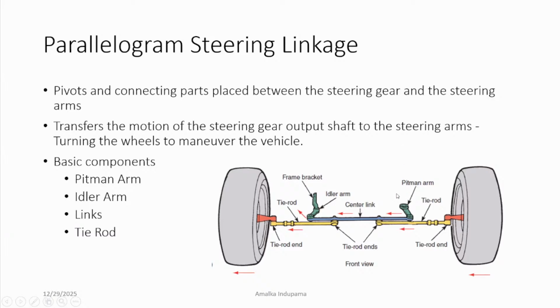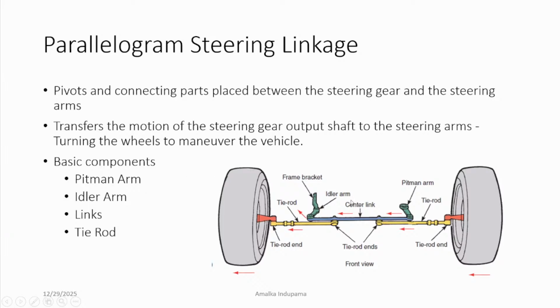Our steering wheel is directly connected to the steering gearbox, and the steering gearbox output shaft is connected to the pitman arm. The pitman arm is connected through the center link to the tie rod ends, both inner and outer tie rods. And the outer tie rod end is connected to the steering knuckle, right? The steering knuckle is connected to our wheel hub, tire, and rim, right? So that is the configuration in the parallelogram steering linkage.